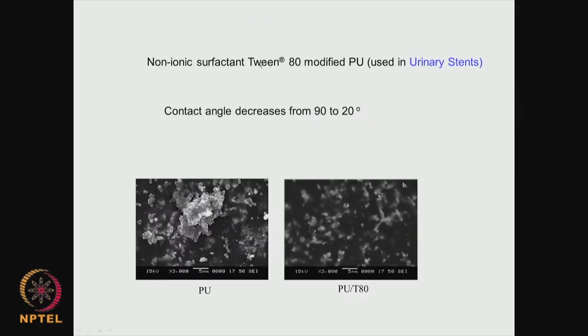Let us look at another example. Tween 80, these are surfactants, non-ionic surfactants, that is, neutral surfactants. You can modify polyurethane surfaces using them. Polyurethanes are widely used in urinary stents because of their flexible nature. I did show some pictures of urethral stents a long time back.